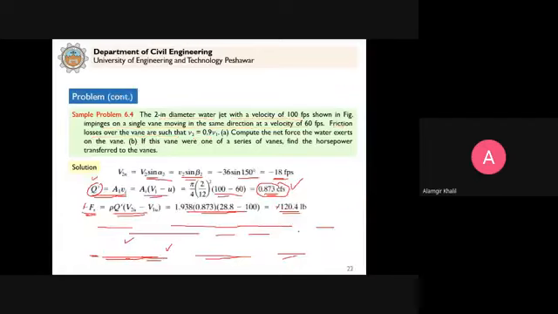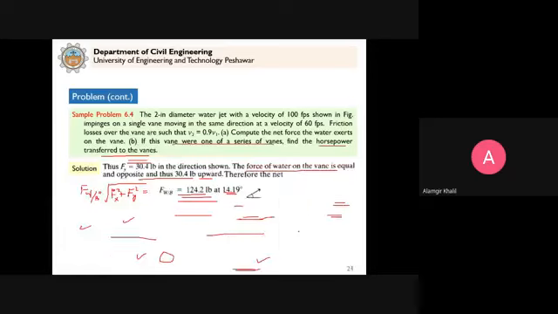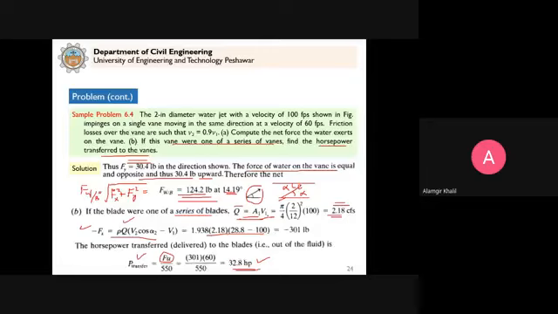This is what you saw here in this diagram. You can see here. So this is the same. Either you consider here this as alpha or this as alpha, alternate angle, same. So you can easily calculate. So this is how we calculate forces on stationary and moving vanes.